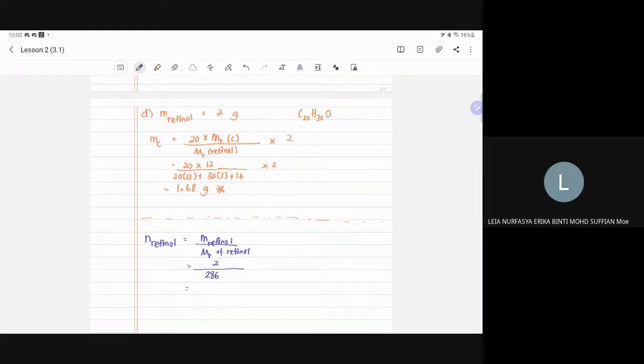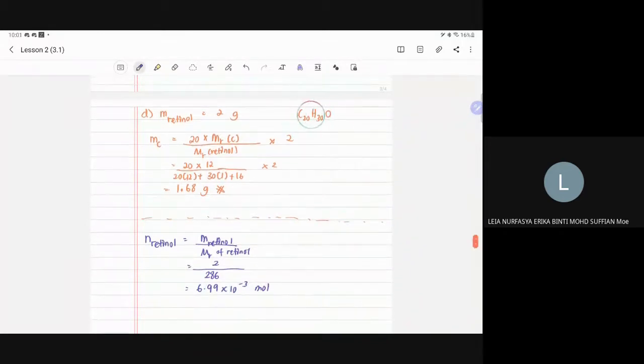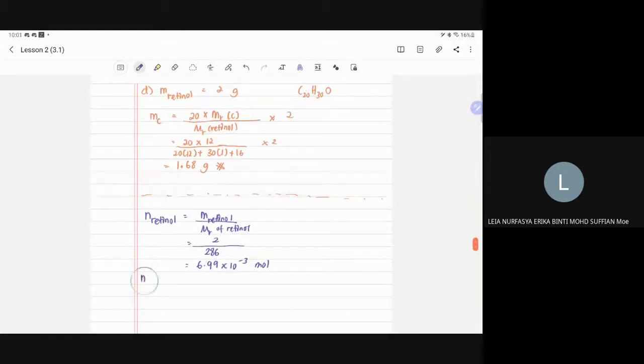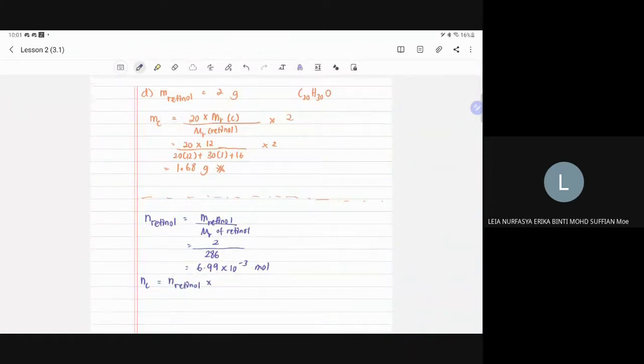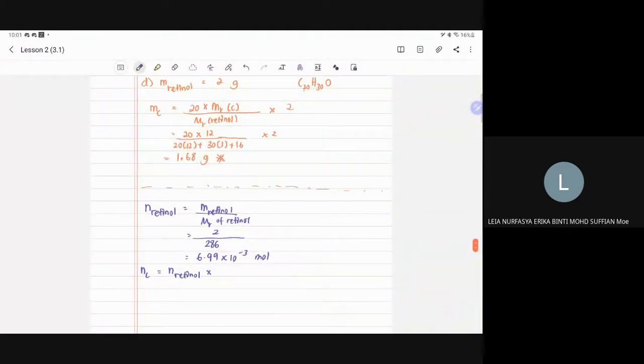Kita akan dapat 6.99 times 10 to the minus 3 mol. Ini adalah mol of retinol untuk compound itu. Nak cari mol of carbon, N of carbon pula sama dengan N retinol darabkan dengan 20. Sebab kita ada 20 carbon. Darab 20.